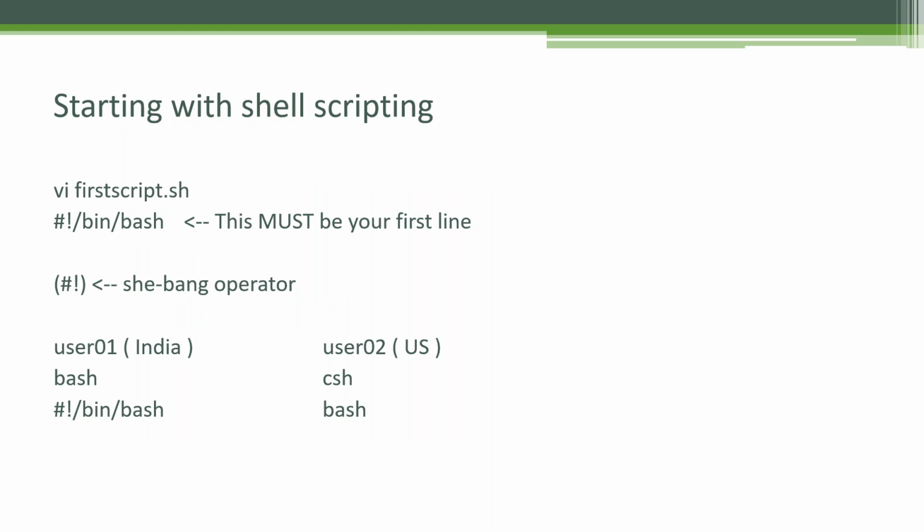All right, let's try to understand what a simple shell script would look like. When we start with shell scripting, the first line that we add is this one. This is called the shebang operator, a hash and an exclamation mark, and it tells which type of script you are going to write. Is it in bash format, shell format, C shell format?